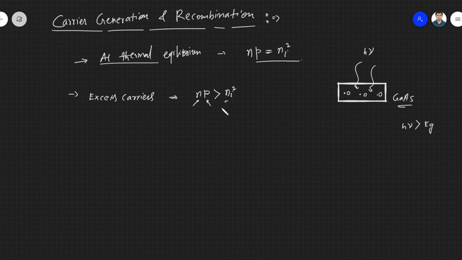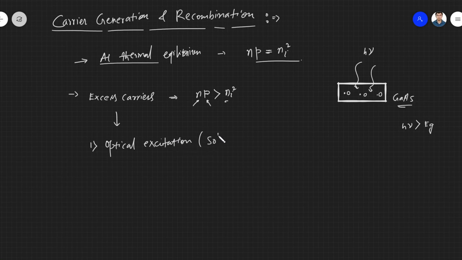Now we need to understand that whenever we use any semiconductor device, there are excess carriers in the system, or the system is in a non-equilibrium state, right? So how can you create excess carriers? One I already described is via optical excitation.